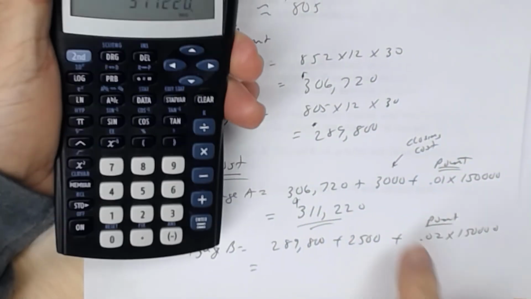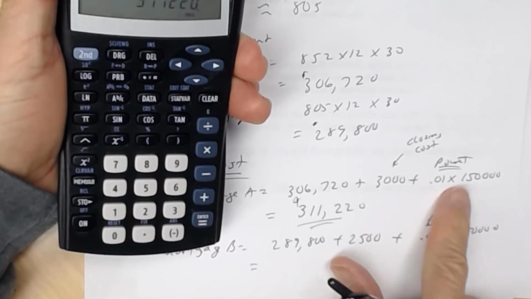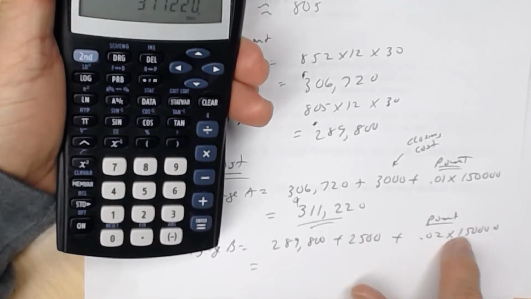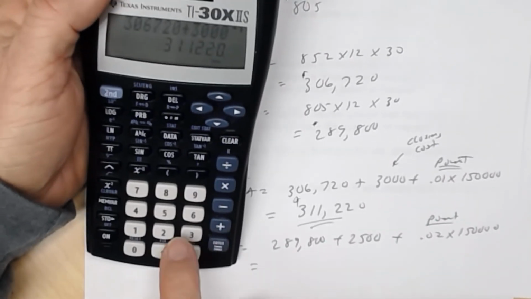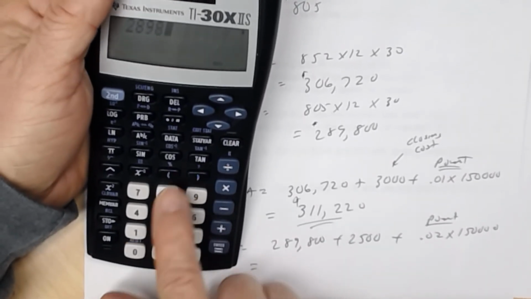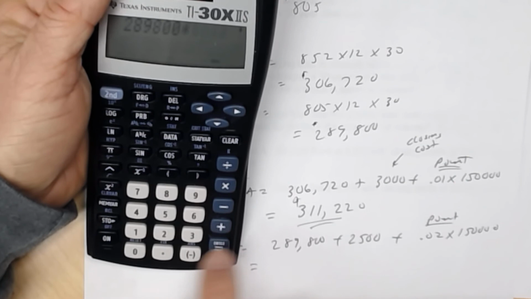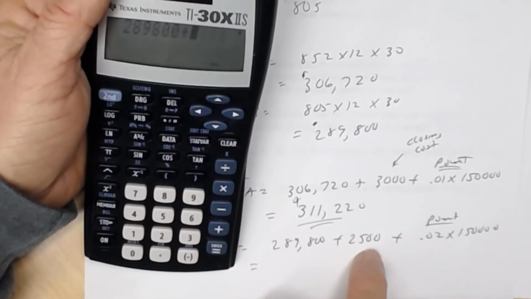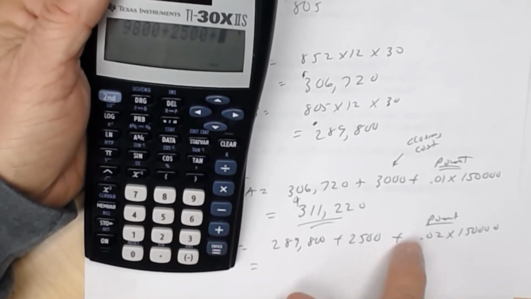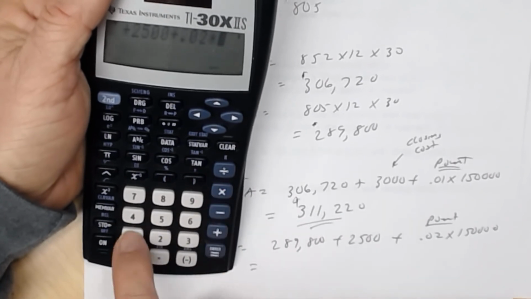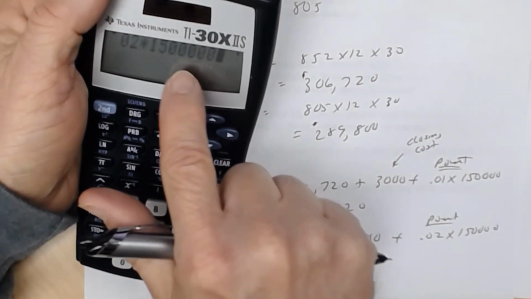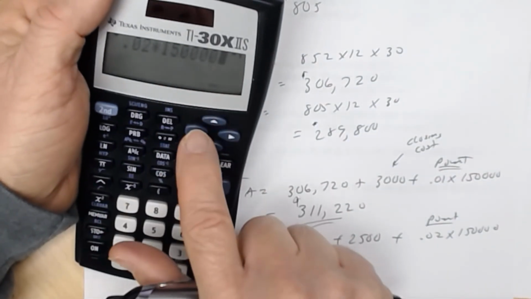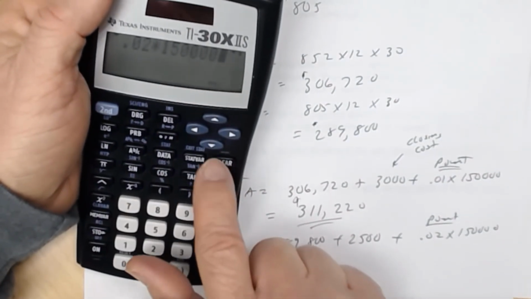Okay, let's see how much that would be. So, even though the closing cost is the same, notice the point here would be more, right? Because you're paying 2 points instead of 1. Okay. $289,800 plus 2,500 plus 0.02 times $150,000. Make sure I did 150,000. I did too many zeros, so let me delete one of the zeros.